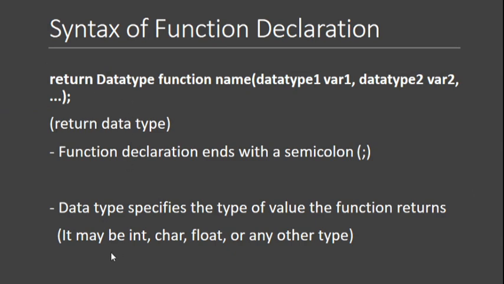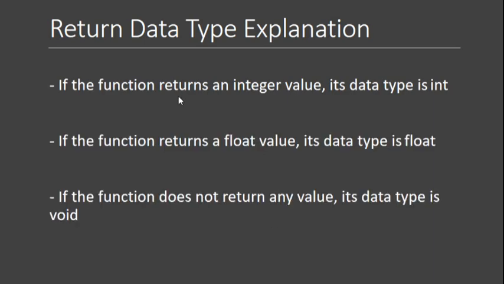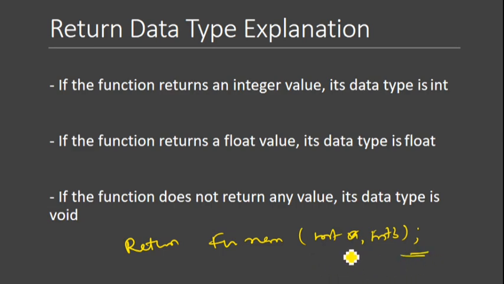The return data type may be an integer value, character value, float value, or any other type. One by one I'll discuss: return data type, function name, and parameters, int a comma int b. The function declaration must end with a semicolon.